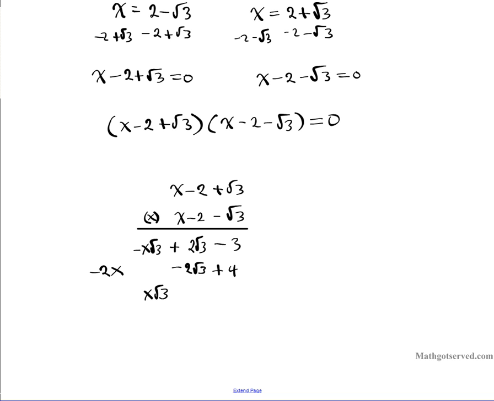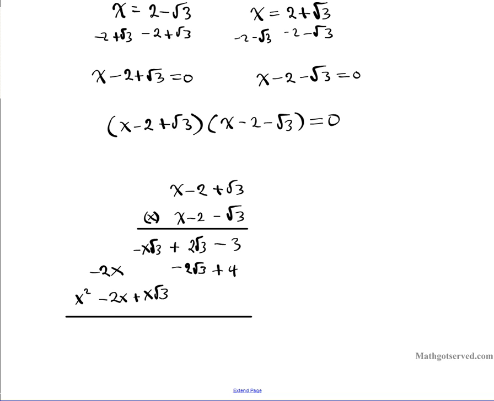X times negative 2 is negative 2x. That matches with this. And then x times x is x squared. Put that over here. Okay? You see how I organize it? X squared is here, x is here, x root 3 here, 2 root 3, and then the numbers go in the last spot. All right, now I'm going to add downwards, and that should give me my final answer.